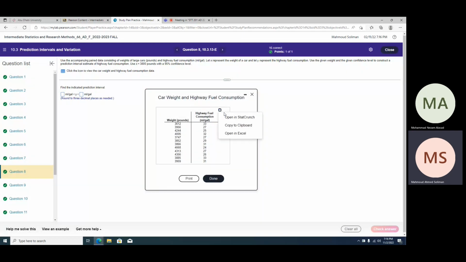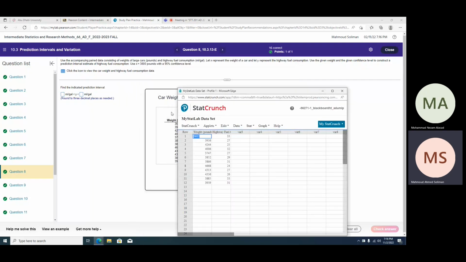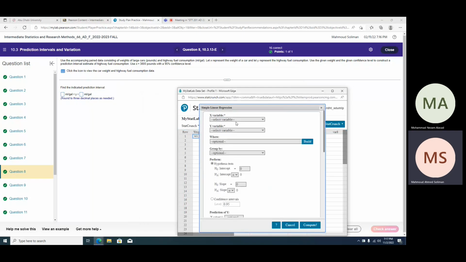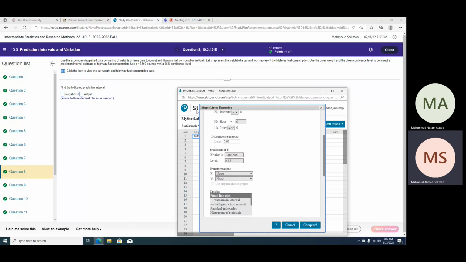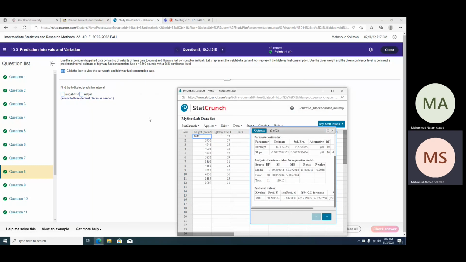So we'll go here, open StatCrunch. Let's look here. So Stat, Regression, Simple Linear. X is weight of car. In chapter 10, we only use simple linear regression, right? Yeah, we don't use anything else. Here he wants the prediction interval.